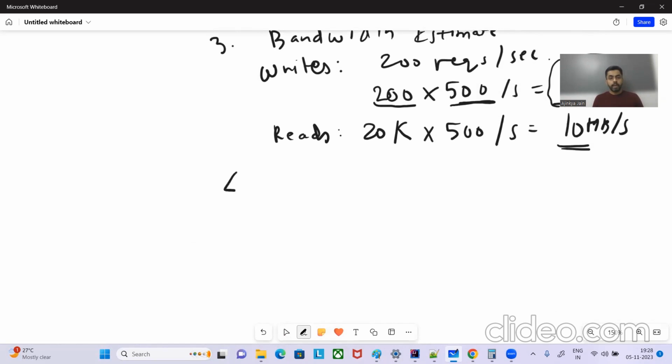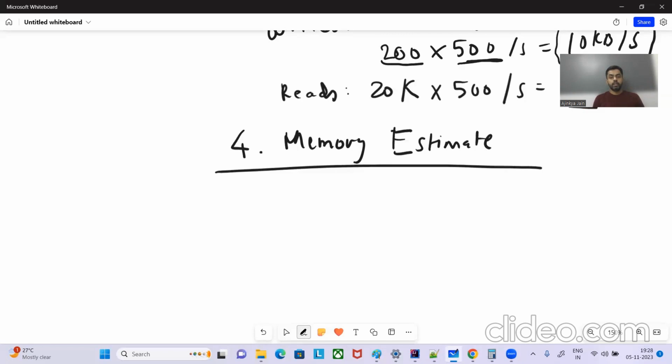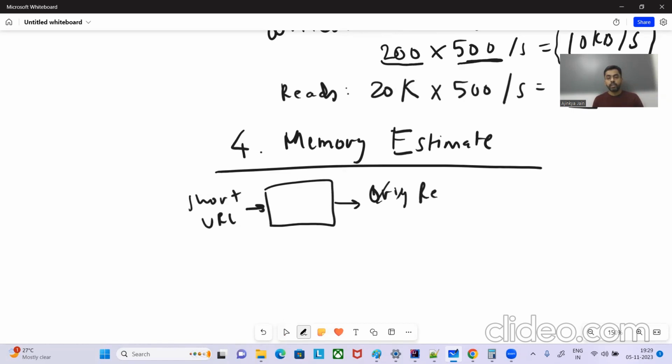Now coming to memory estimate. Let's say what we want to do is cache some of the URLs. For example, there's a short URL provided by the user to our system, and our system will provide a redirection with the original URL.